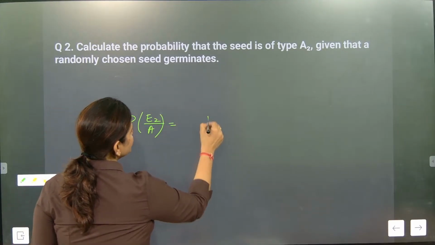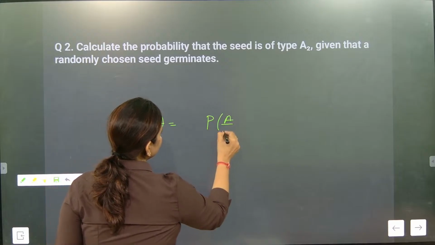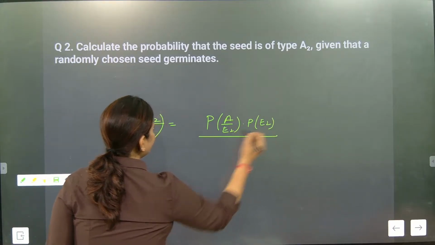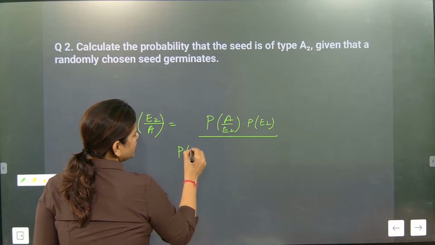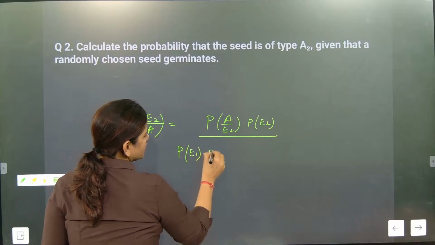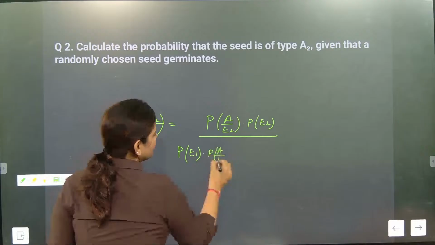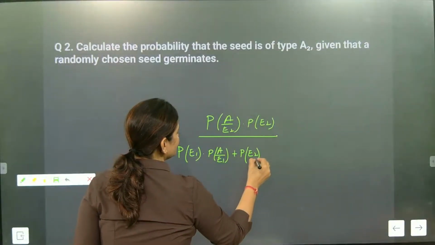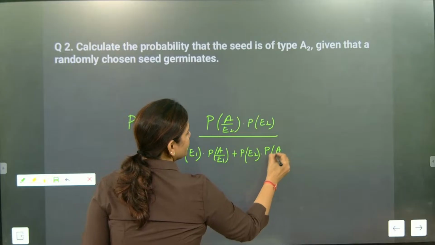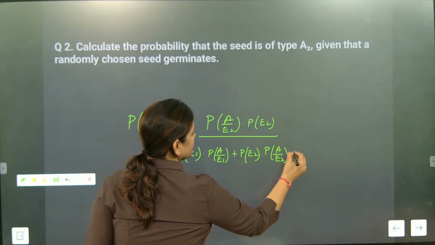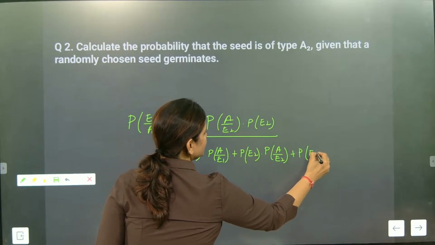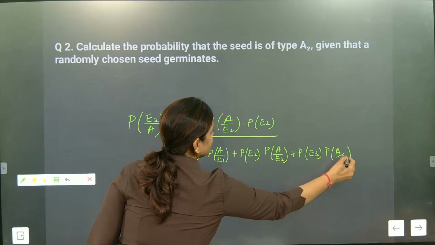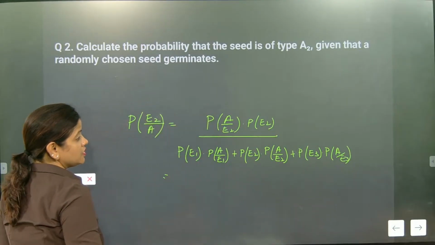We know that it will be P of E2 into P of A by E2, divided by P of E1 into P of A by E1 plus P of E2 into P of A by E2 plus P of E3 into P of A by E3. Now this is the way to proceed with the questions first.